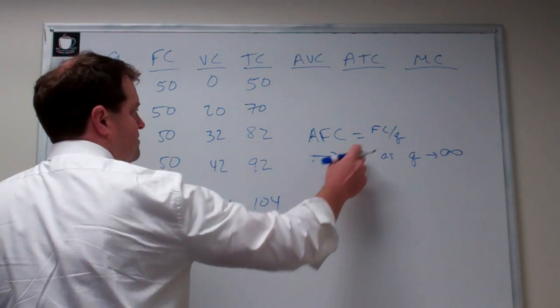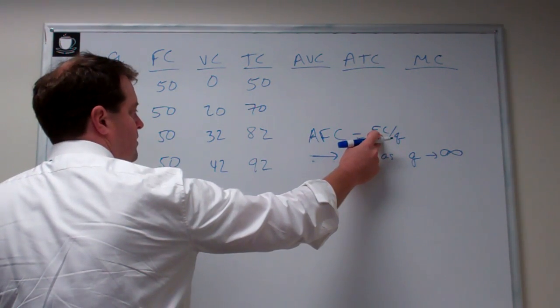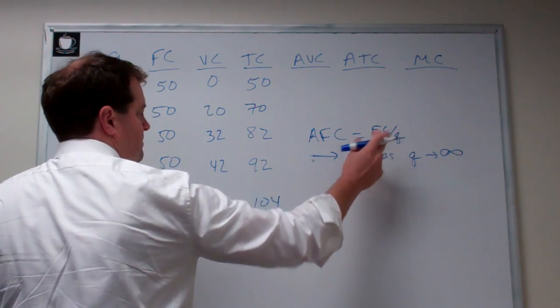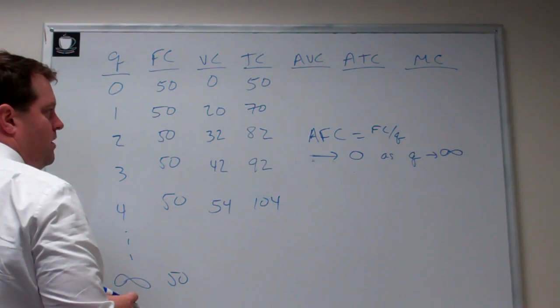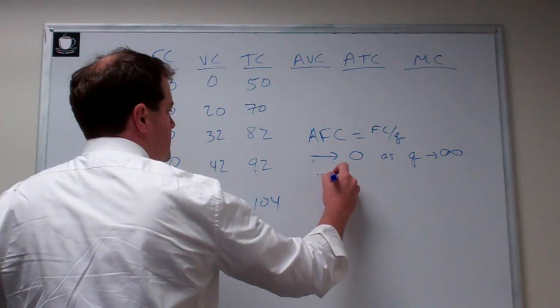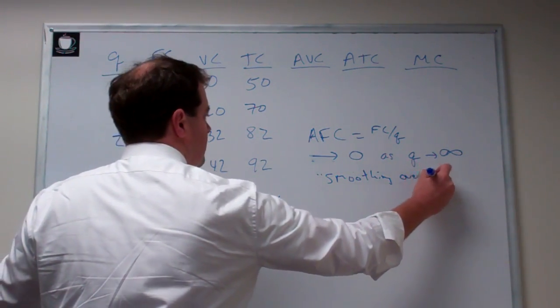That has to be the case because I'm dividing a non-changing number by an ever-increasing number here. So average fixed cost is always going to tend towards 0 as I produce more. The business term for this is smoothing overhead.